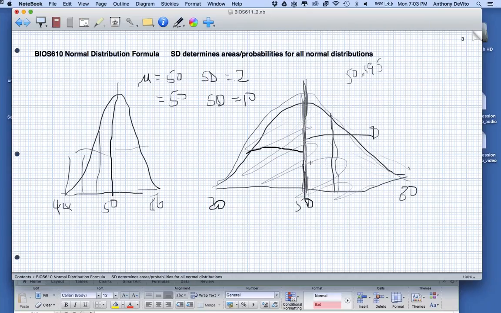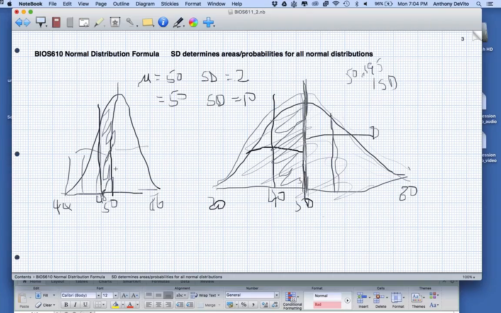Okay, so now what about if I'm 1 standard deviation below the mean, which in this case would be 40? In this case, 1 standard deviation below the mean would be how much? 48. The area between 40 and 50 is the same, percentage-wise, as the area between 48 and 50.